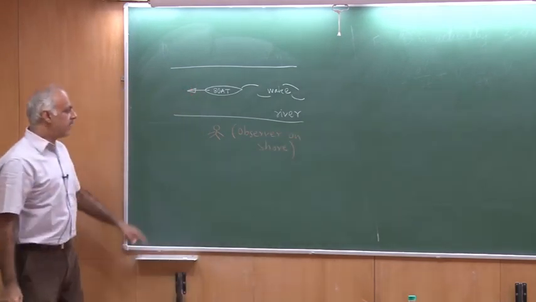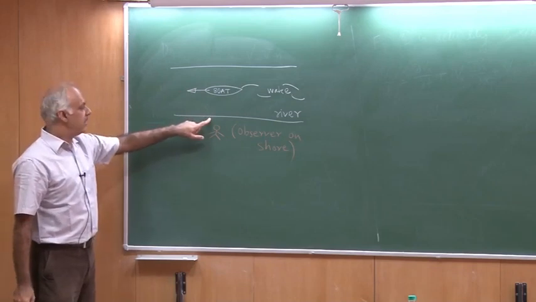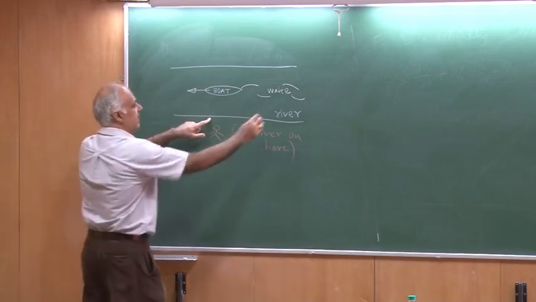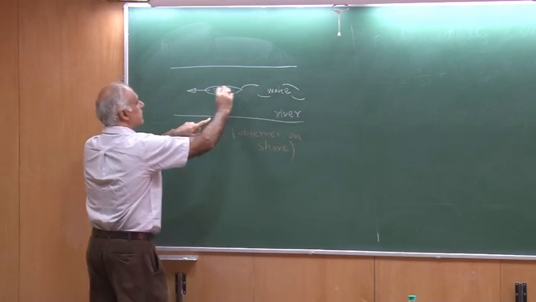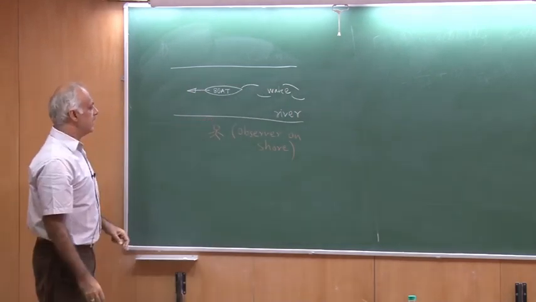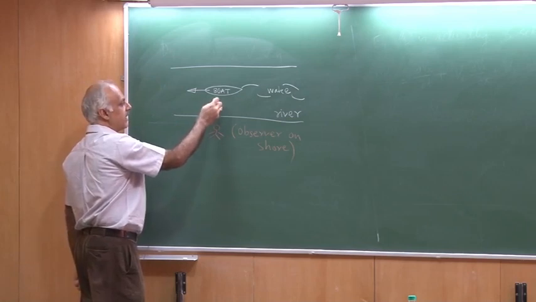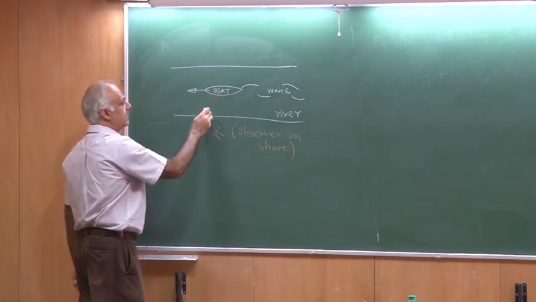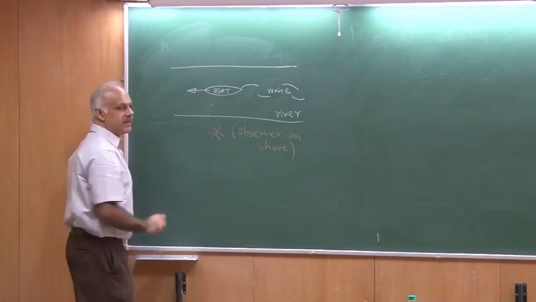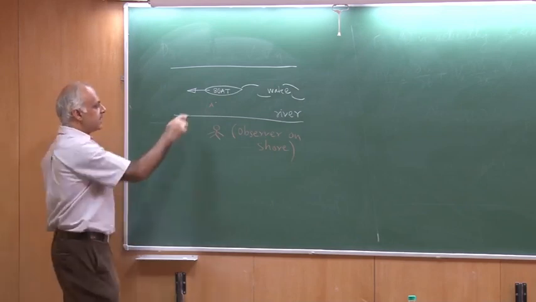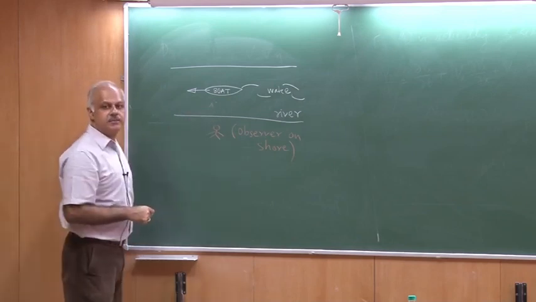If I am an observer on the shore, then what I see is that the boat moves from the right to the left, and if I record the speed or the pressure or any quantity, let us say at this point, suppose I call this as point A, then I would see that speed changes with time. Okay.